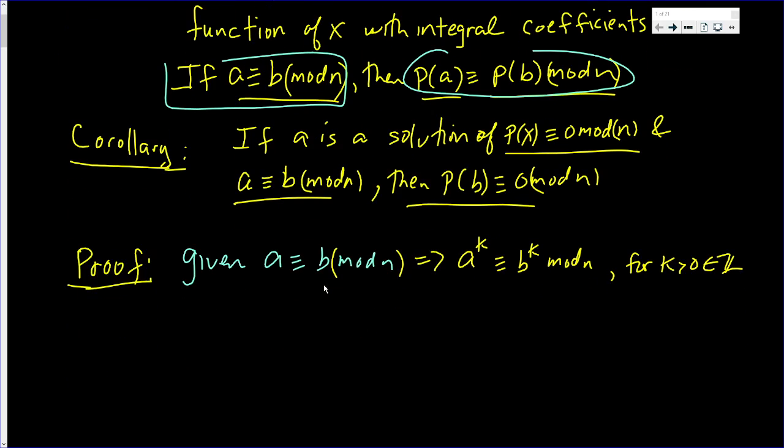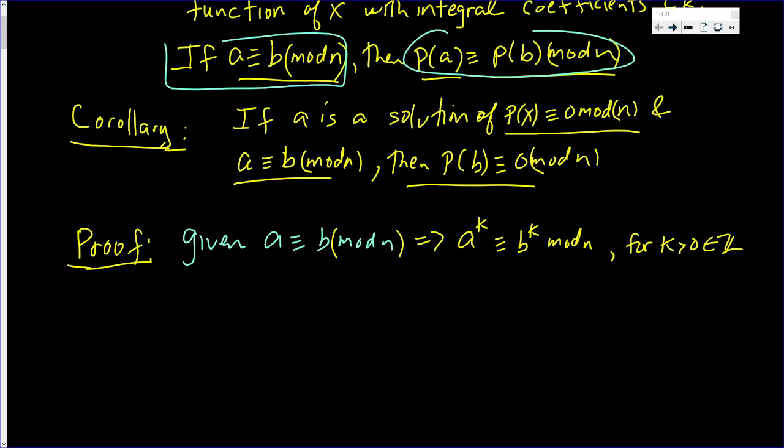That implies that c times a to the k, or let's call it c sub k a to the k, is congruent to c sub k b to the k mod n. All I did was multiply by the coefficient.